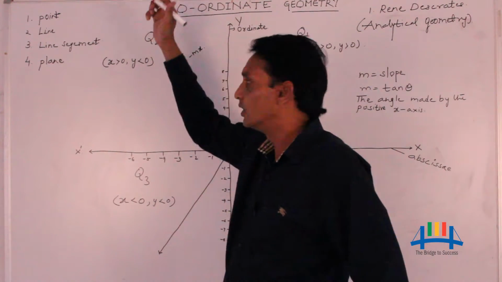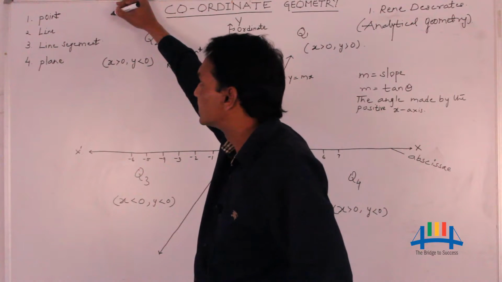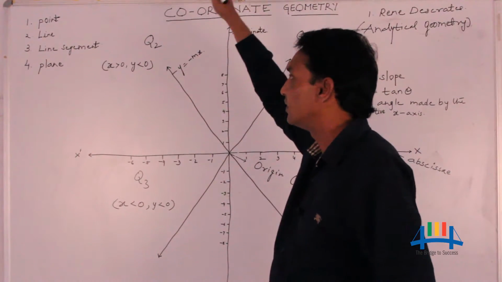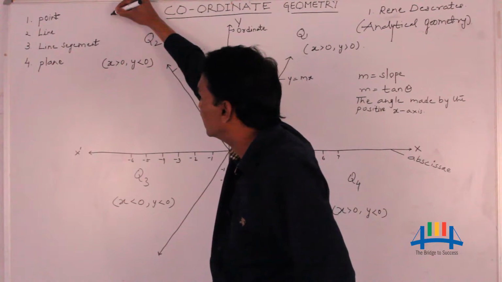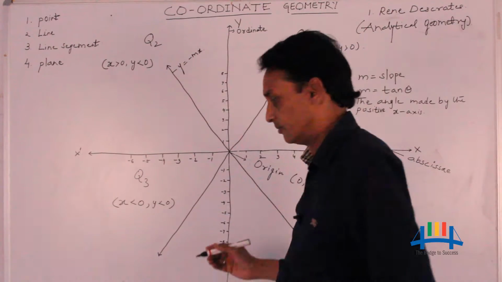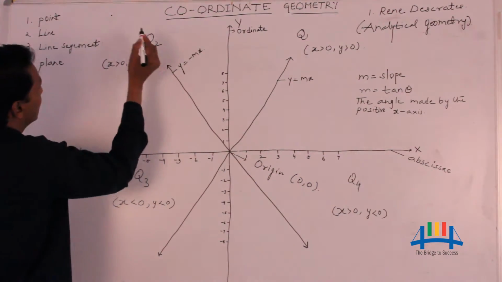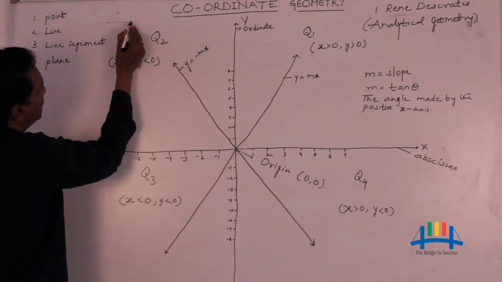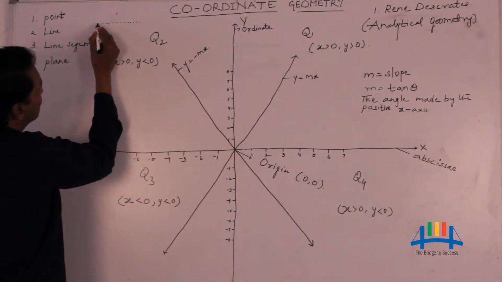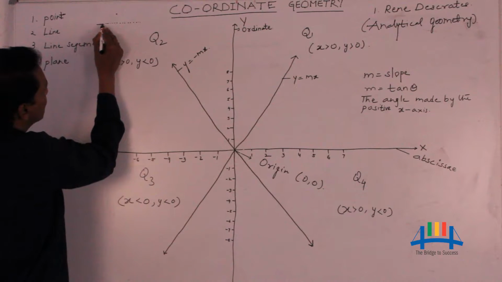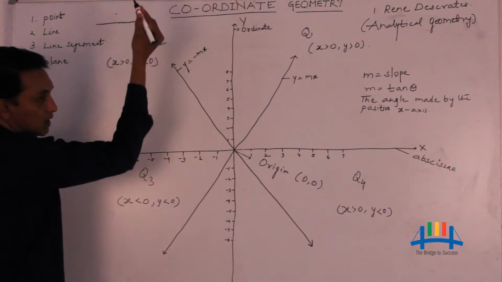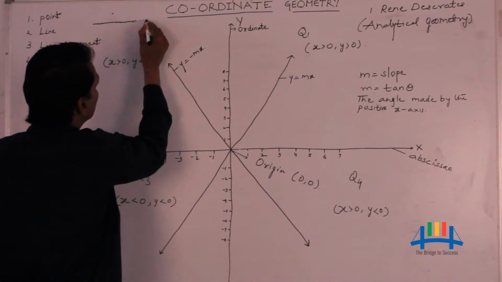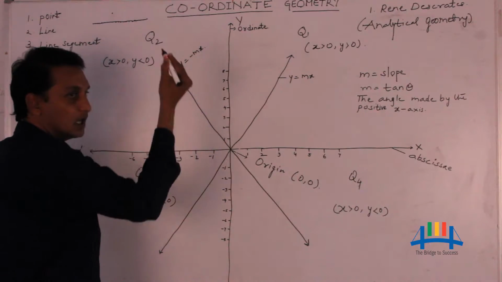A point has only a fixed position. Suppose you are taking a line: an infinite number of points joined together form a line. If you join all the points together, we are going to get a line.